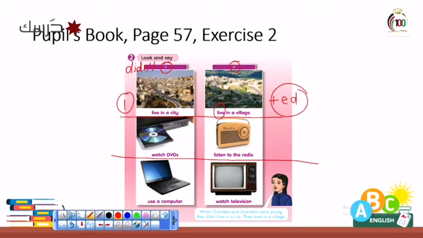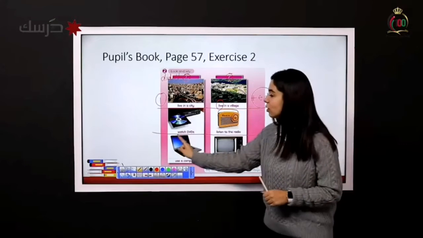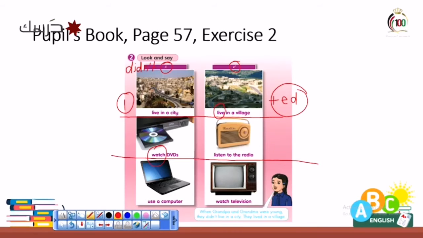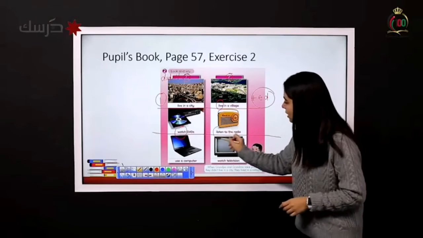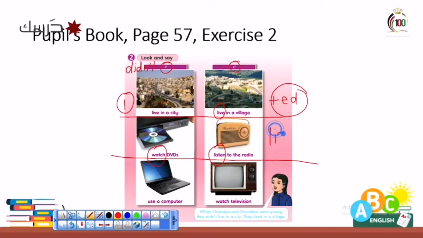When my grandpa and grandma were young, they didn't watch DVDs. So watch becomes didn't watch. But they listened to the radio. So listen becomes listened. We add, of course, ed.